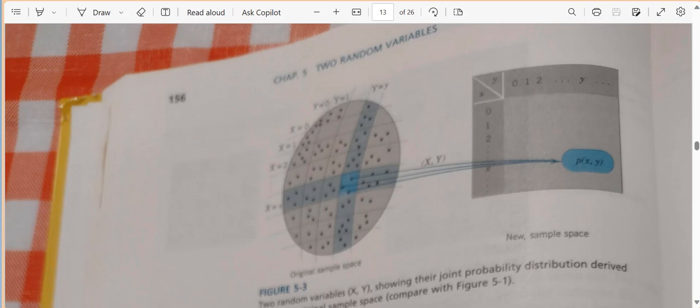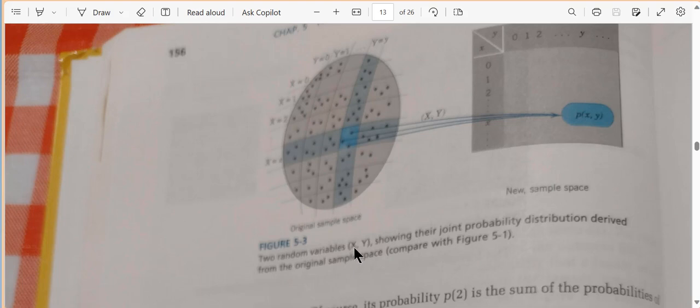Then we can ask, what's the probability that x equals something and y equals something else? That's the points in here. So when we ask this, we're saying what's the probability of this, and it will be denoted by the probability of xy. Here they say this is two random variables, x and y, showing their joint probability distribution derived from the original sample space.